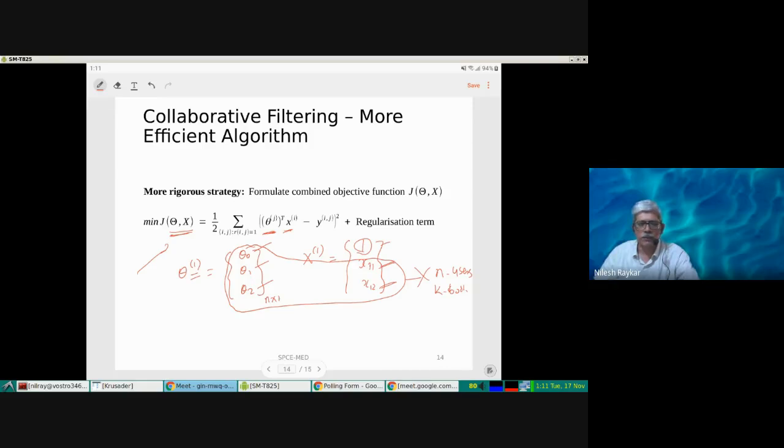One is what we saw earlier, which is iterative, where in each loop you find either theta or x, alternating between the content-based and collaborative filtering based algorithms, or you do it in a single shot as in the current slide that we are looking at.